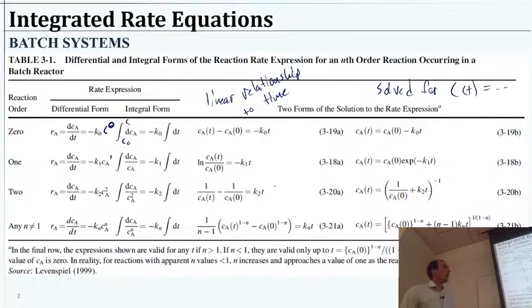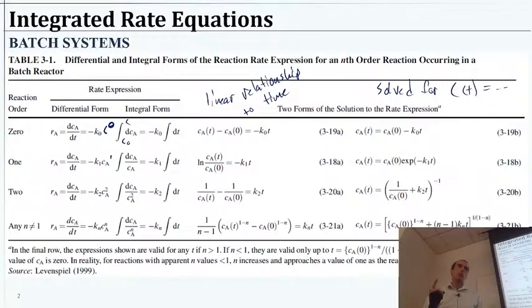Now, when we solve that for c directly, it becomes this equation here, 1 over c naught plus kt, the inverse of all that, so all that to the negative 1 power. So that's the calculus that we could go and look up in a book and remember, okay, that's the answer. Perhaps you already remembered that.